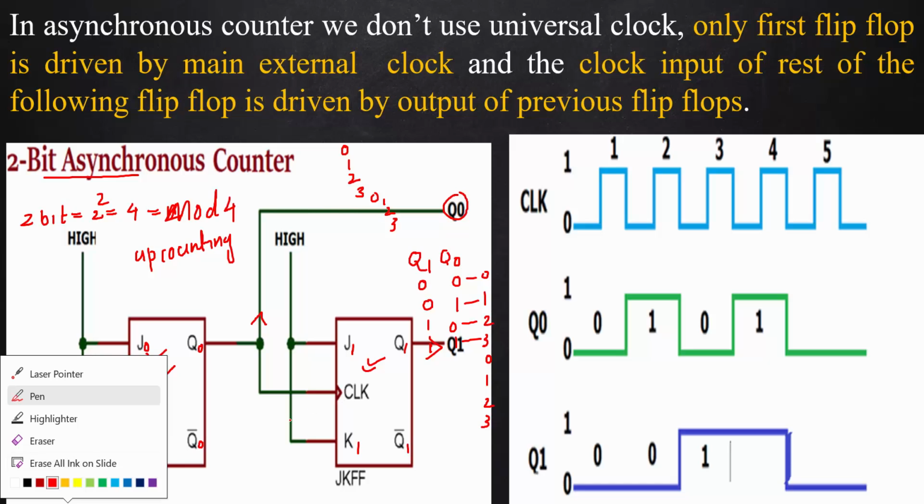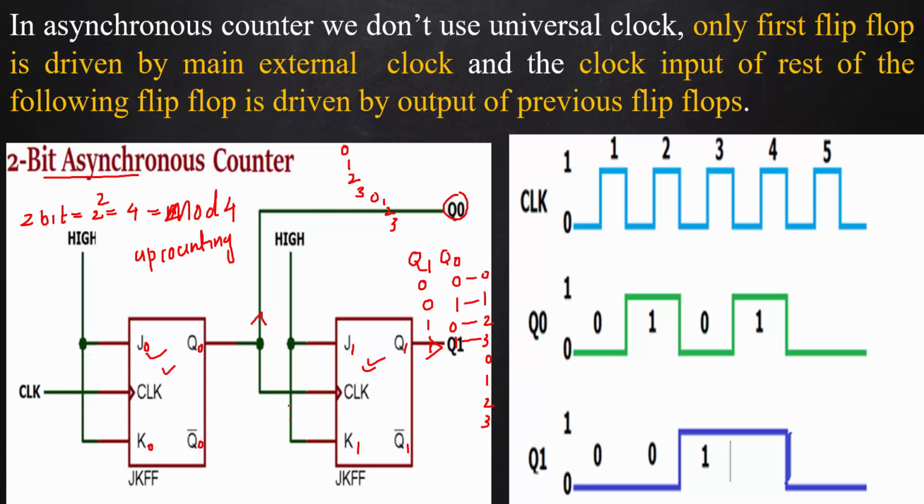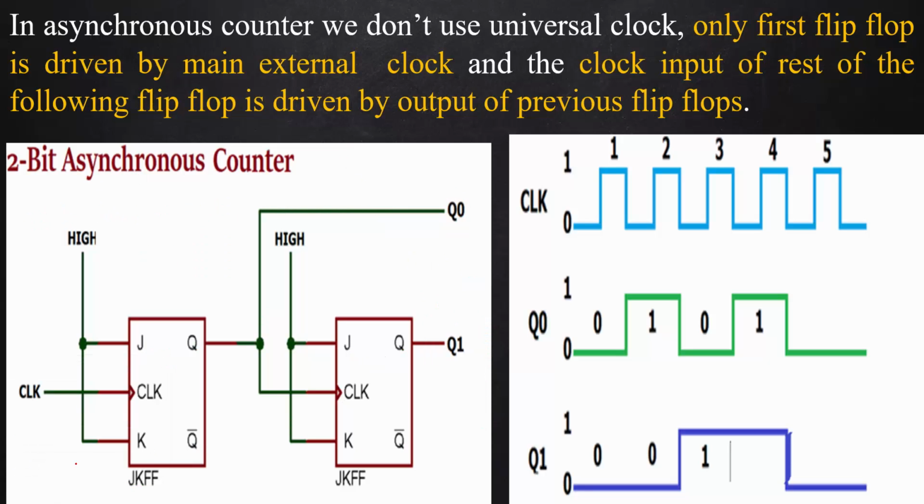We can't directly predict which flip-flop is going to generate which bit in the case of synchronous counters. In synchronous counters, we can directly identify that from the block diagram.